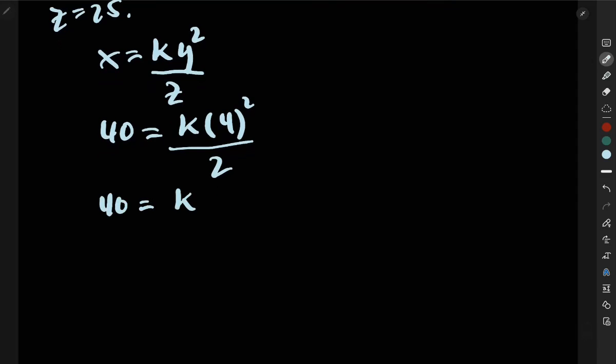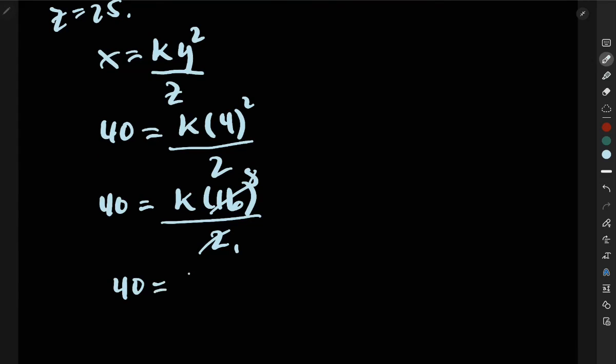So 4 squared is 16, 16, and then we'll just copy the 2. Next is, as I said, I don't want denominators. I don't like to see a denominator, so I'll just multiply both sides by 2, or you can reduce this. 2 and 16. Both are divisible by 2, so this becomes 1, this becomes 8.